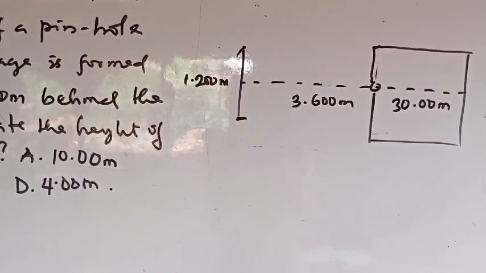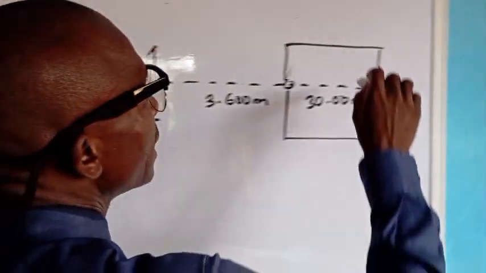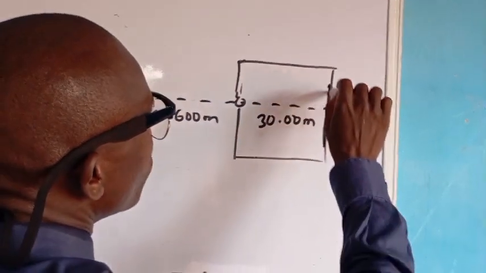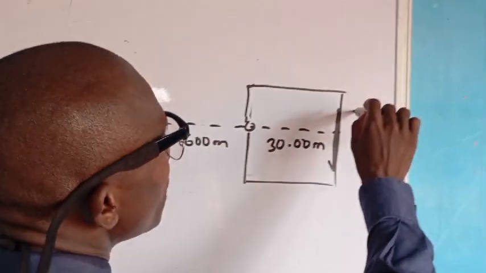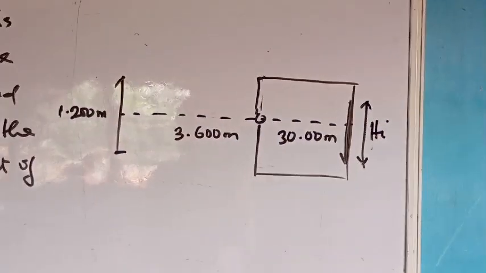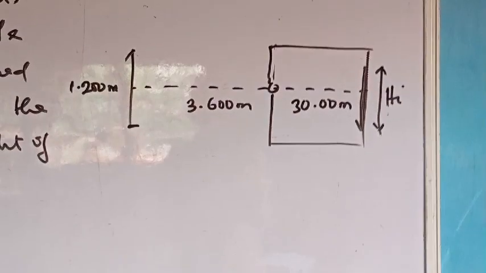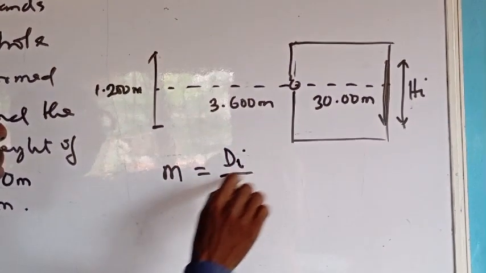Then it said calculate the height of the image produced. That is to say, the image here now, we have to calculate the height of the image produced. So the height is from here to here. So calculating the height of the image here, we already know that magnification is this.